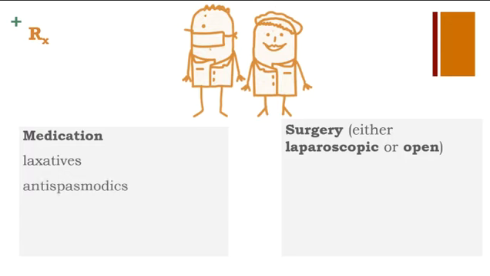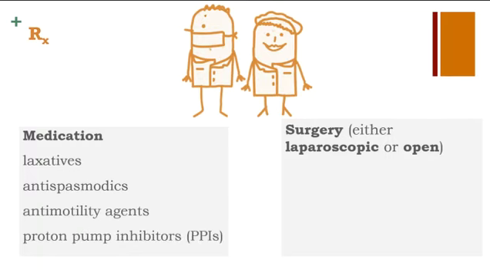Antispasmodics are used to prevent spasms of the stomach and intestine. Anti-motility agents are used to alleviate the symptoms of diarrhea. Proton pump inhibitors, or PPIs, are a group of drugs whose main action is a pronounced and long-lasting reduction of gastric acid production.